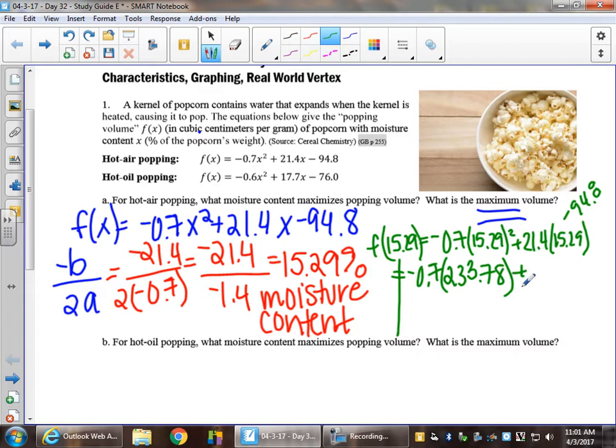What is 21.4 times 15.29? 327.21. Then minus 94.8. And what do you get? 163.43. Yep.